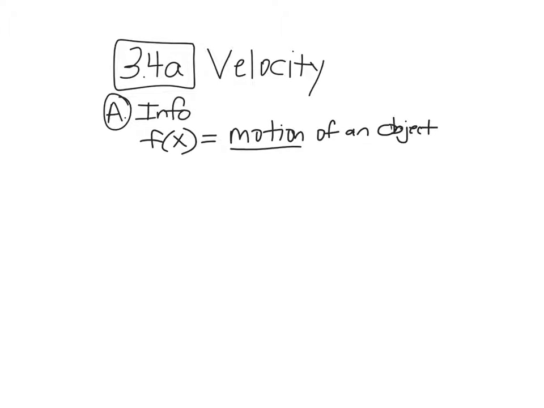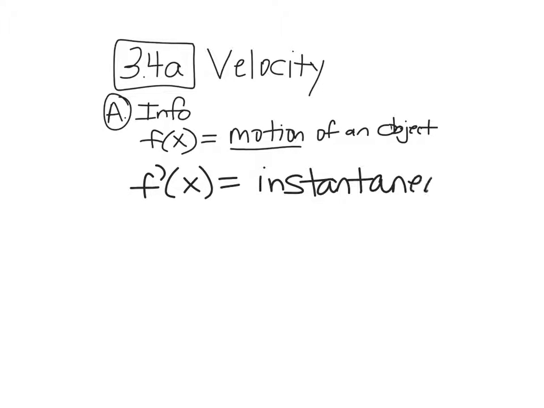Motion of an object. All right. Then, when you take the first derivative, you know that you get instantaneous velocity. Do you know that? You don't know what instantaneous velocity is? Okay. Let's talk about it. Instantaneous velocity is like if the motion of something is going from 0 seconds to 5 seconds, right?